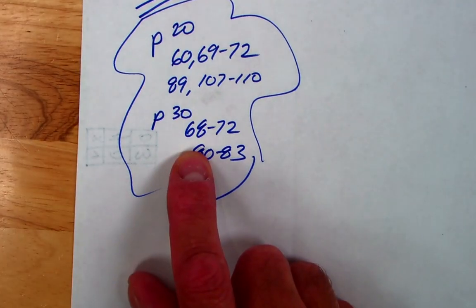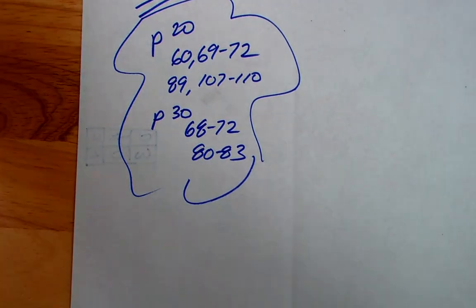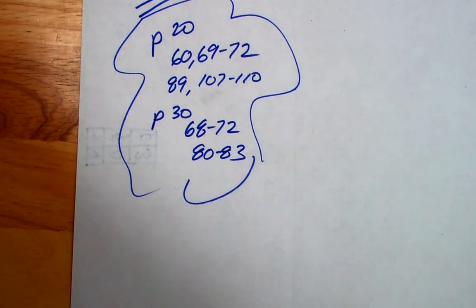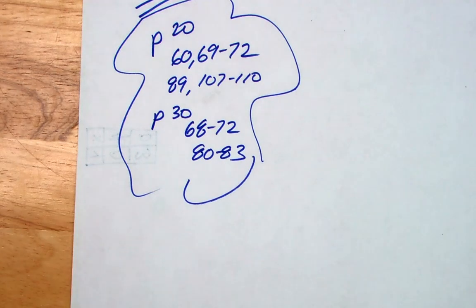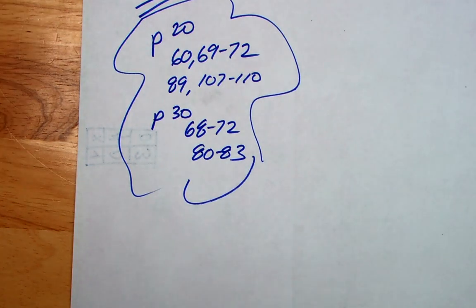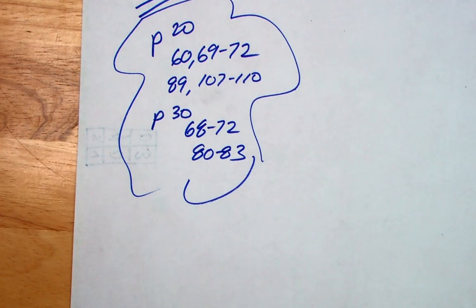Okay? 60 on page 30. 68. And of course they don't have it back there. 68 is actually, and neither. 70.